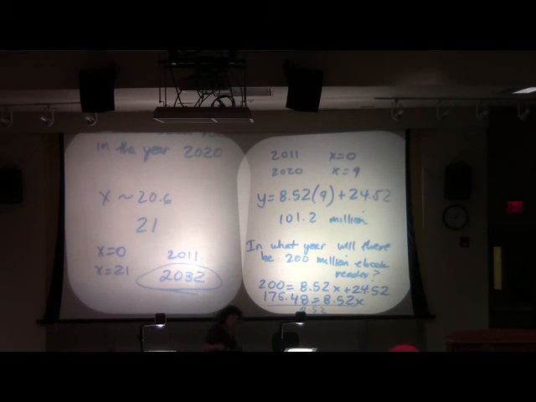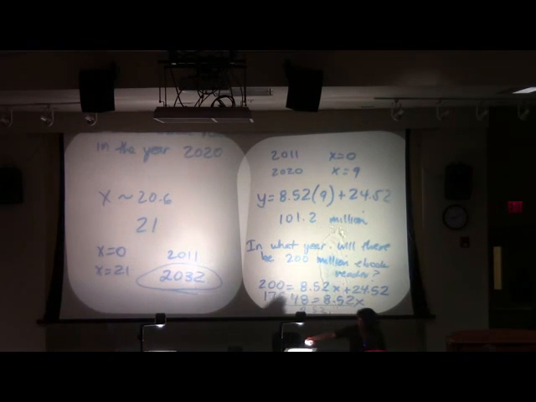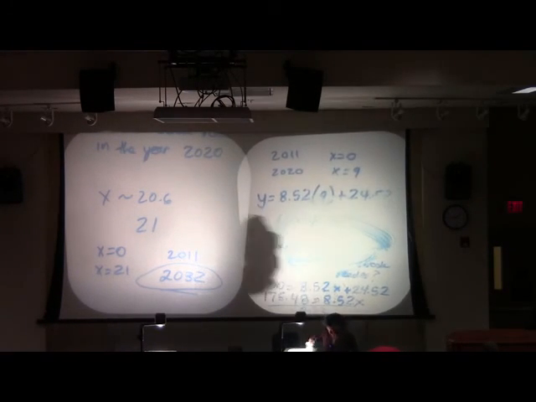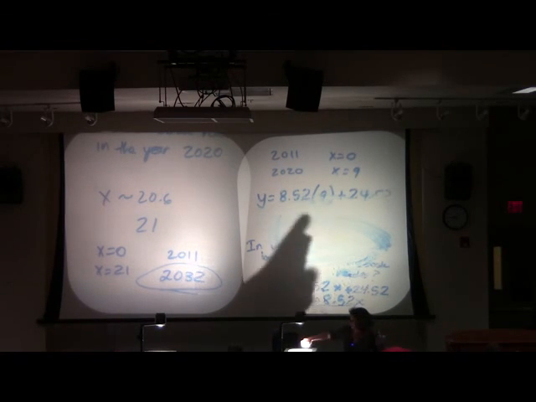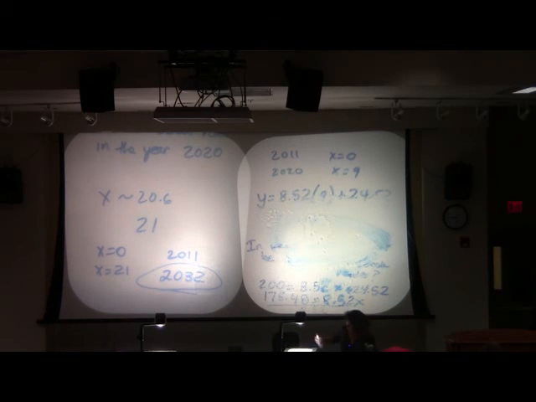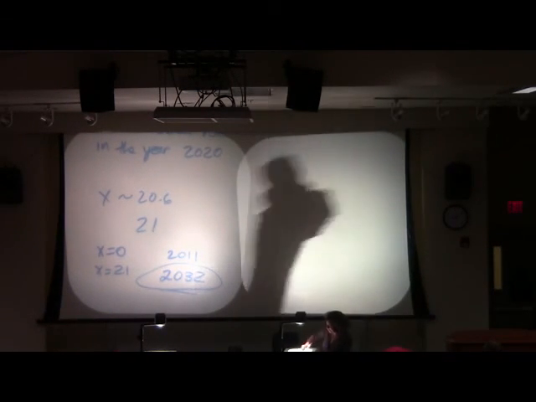One last thing I want to do with this line is the following. I want us to be able to interpret our slope. Okay? You guys agree that your y-intercept is just your initial value. Okay? It's the value when you started looking at this sort of thing. But what does the slope of 8.52 mean?